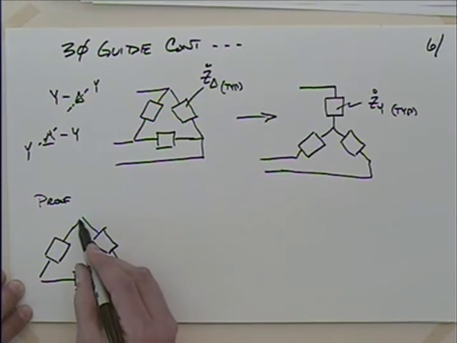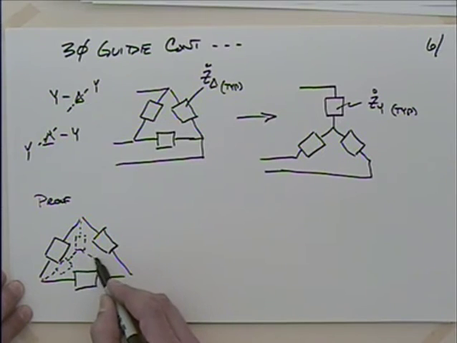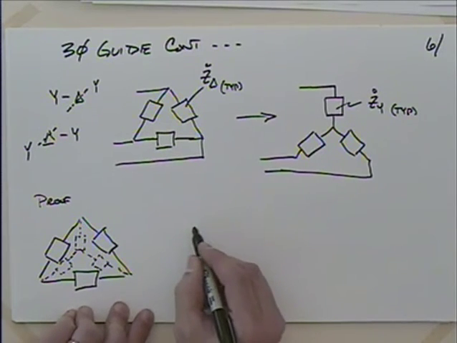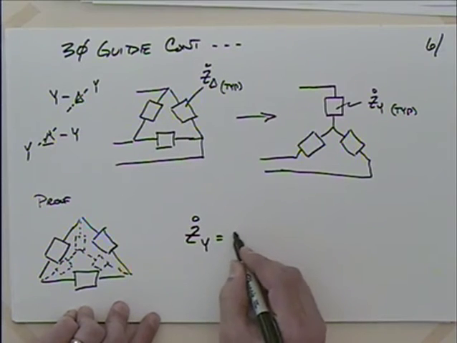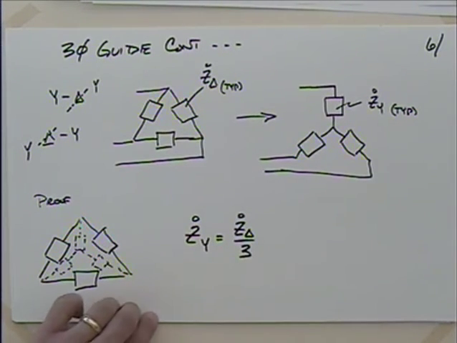Take this delta and then superimpose this Y on top of it, and then start to look at the equivalent resistance between any two points, and you will conclude very quickly that your impedance for your Y is equal to the impedance for the delta divided by 3.